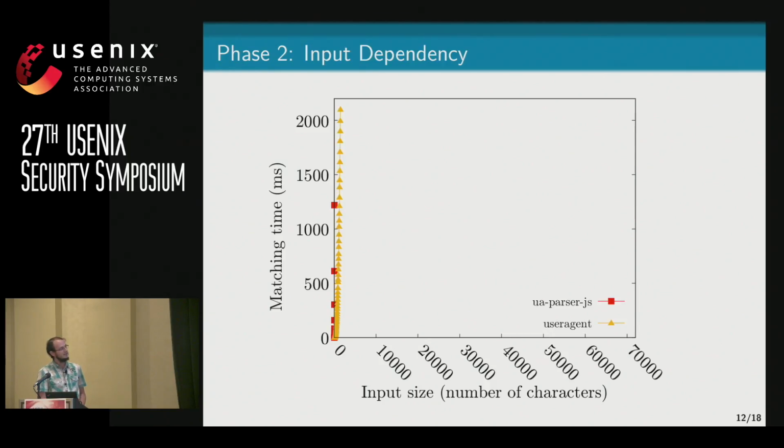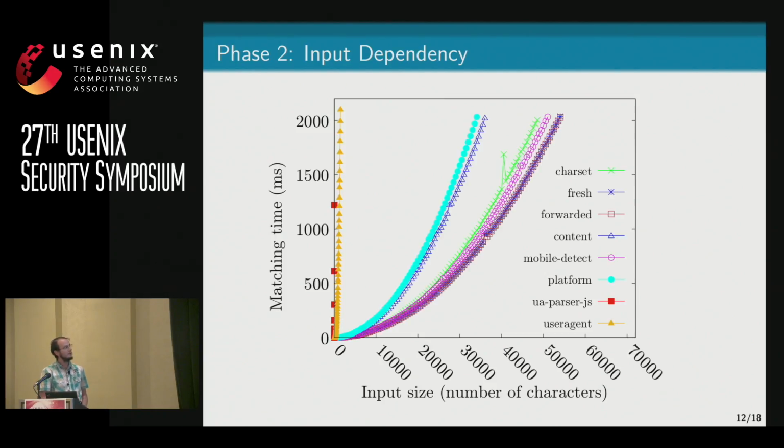And the less serious one, user agent, still requires less than 1,000 characters to deploy a 1 second delay. But most of the vulnerabilities we identified were super linear. So this means that you need more than 20, 30,000 characters to introduce a 1 or 2 seconds delay in the application, on the server side.